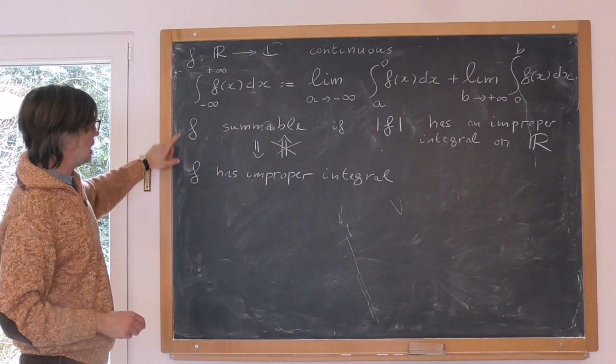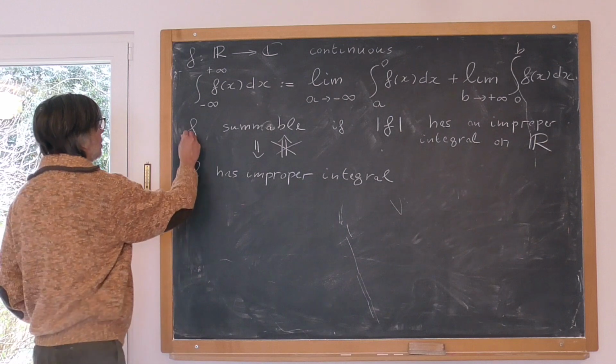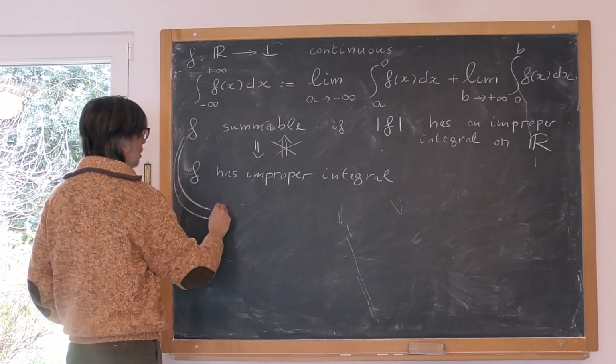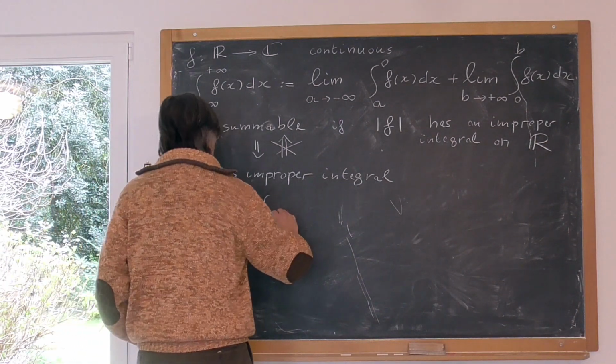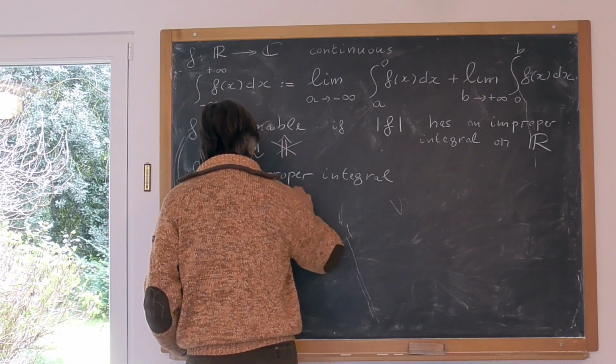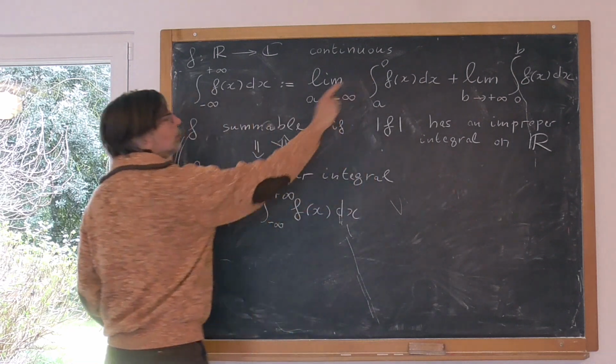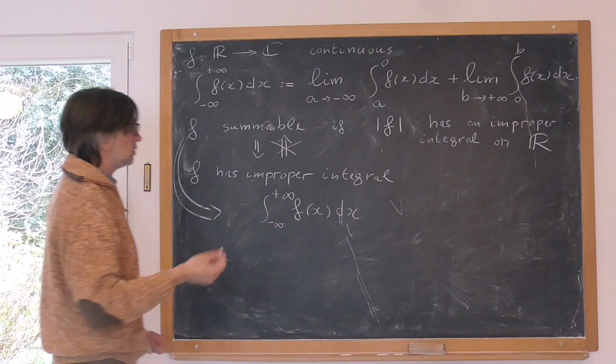And a nice feature of summability is that when f is summable, then not only does the improper integral exist, but instead of having these two limits, you can express it as one limit.